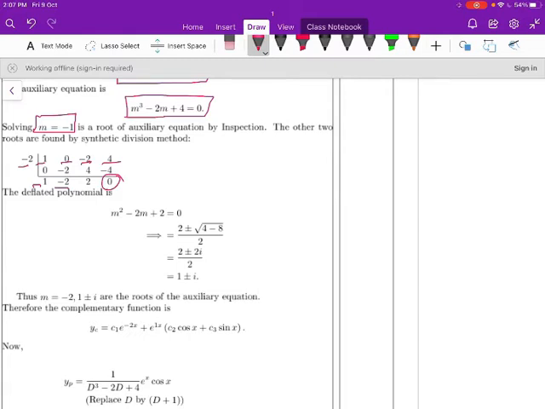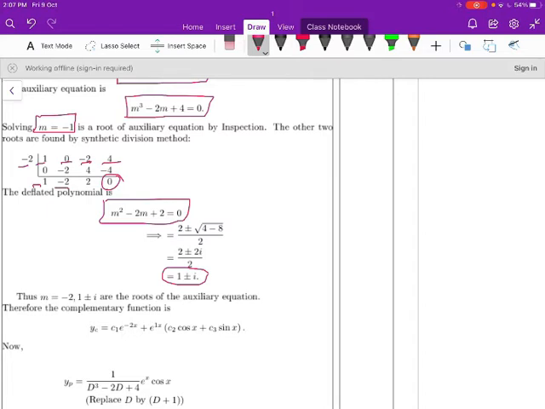So the depressed equation is m square minus 2m plus 2 is equal to 0. Let us find the roots of this quadratic equation. The roots are 1 plus or minus i. Therefore minus 2, 1 plus i and 1 minus i are the roots of the auxiliary equation.